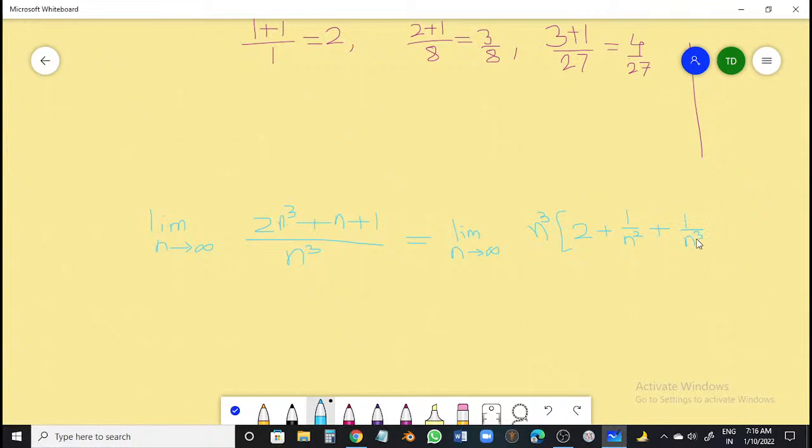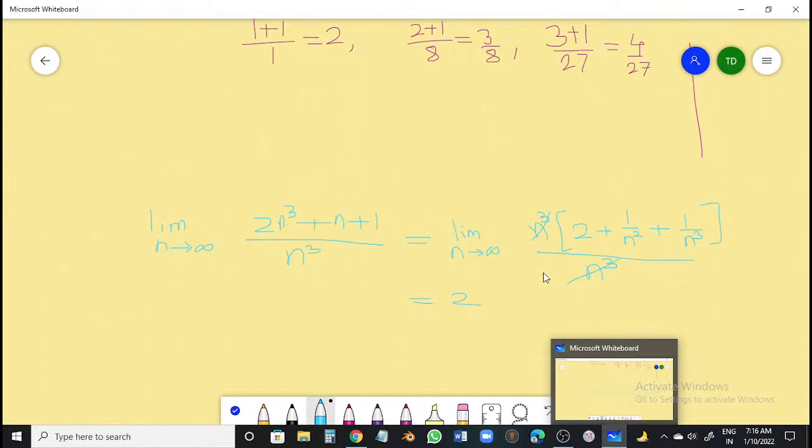And in the denominator I'm having a single term n cube. n cube gets cancelled, and if I apply the limit, I'm having 2 plus 0, so the value is 2. So that's quite correct that the sequence is converging to 2.